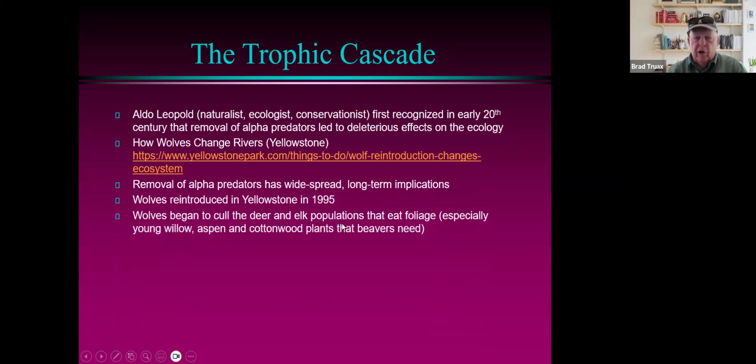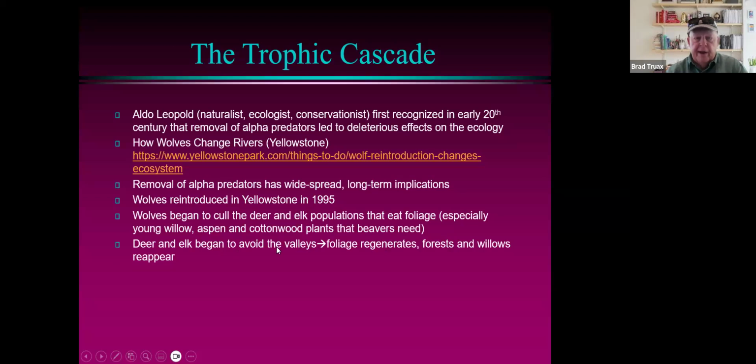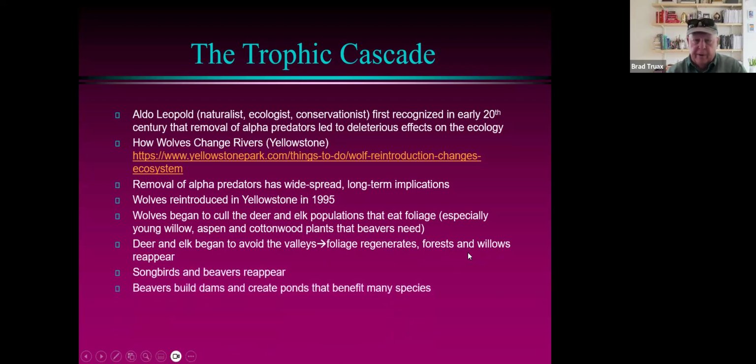The wolves began to cull the deer and elk populations that had been eating foliage, particularly young willow, aspen, and cottonwood, that the beavers need. So now the deer and the elk began to avoid going to the valleys because of fear of the wolves. So the foliage started to regenerate, forests appeared, willows reappeared, and then songbirds and beavers reappeared. And of course, the beavers built dams and created ponds that led to benefit of multiple species.